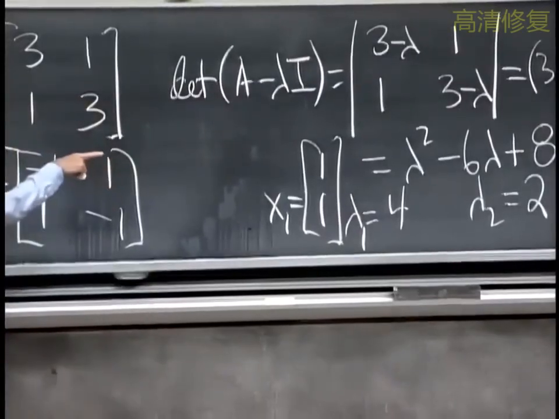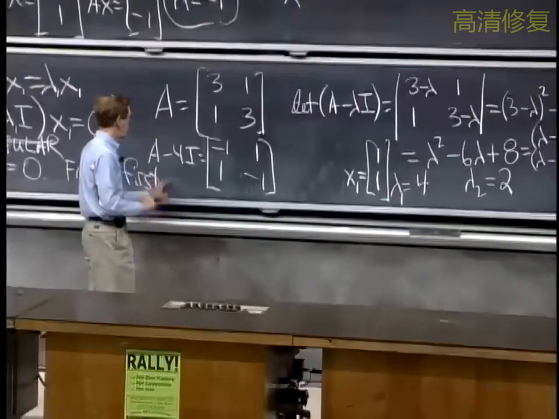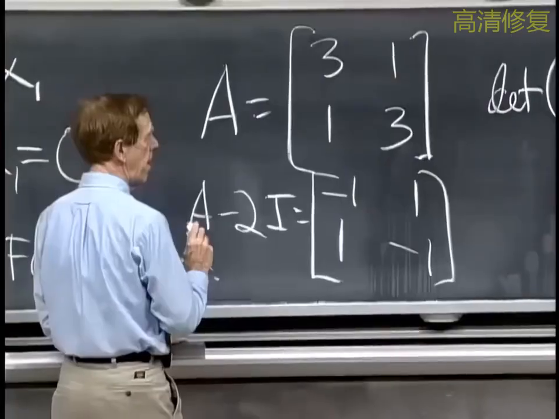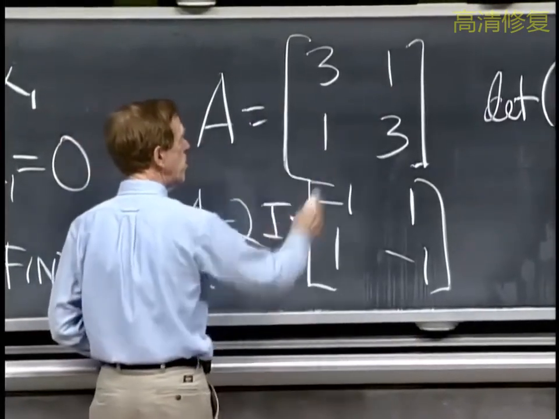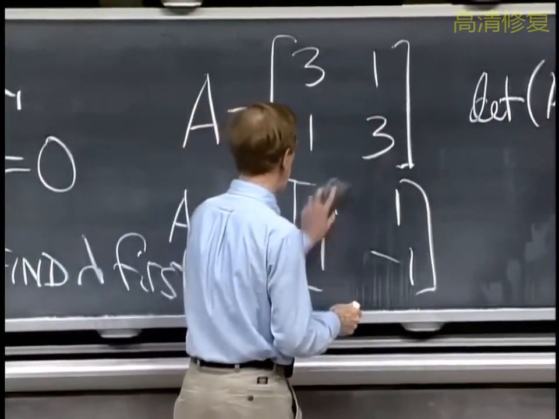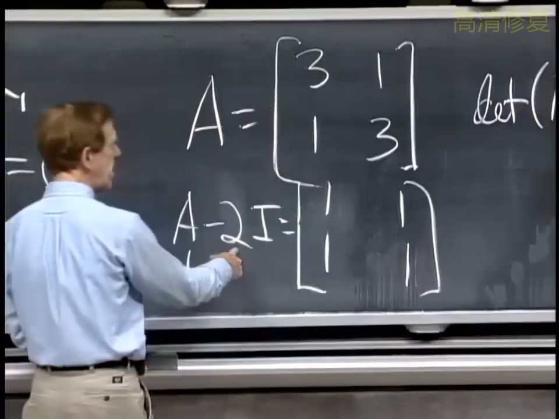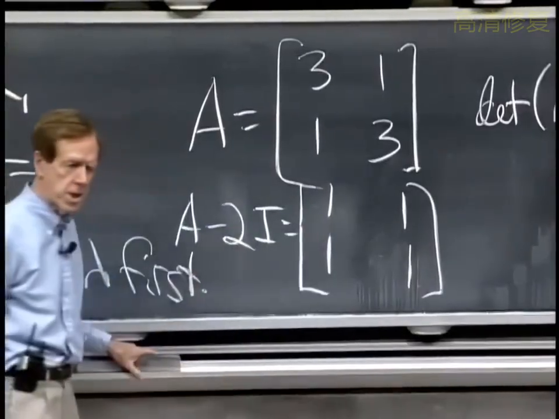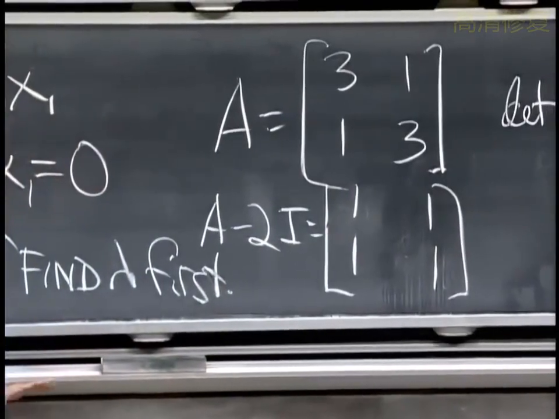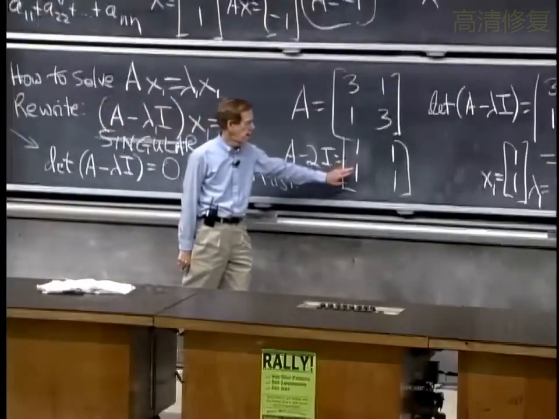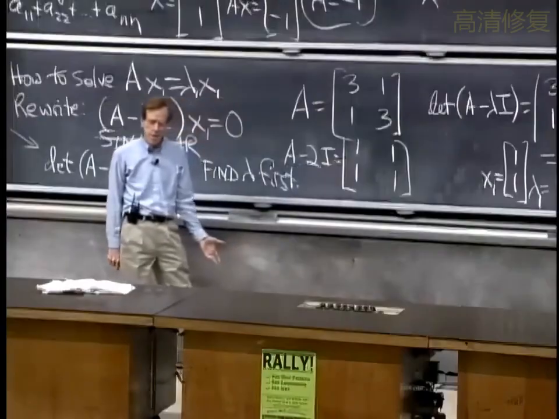Now how about the eigenvector that goes with the other eigenvalue? I take A minus 2I. So now I take 2 away from the diagonal, and that leaves me with a 1 and a 1. So A minus 2I has again produced a singular matrix, as it had to. I'm looking for the null space of that guy. What vector is in its null space?